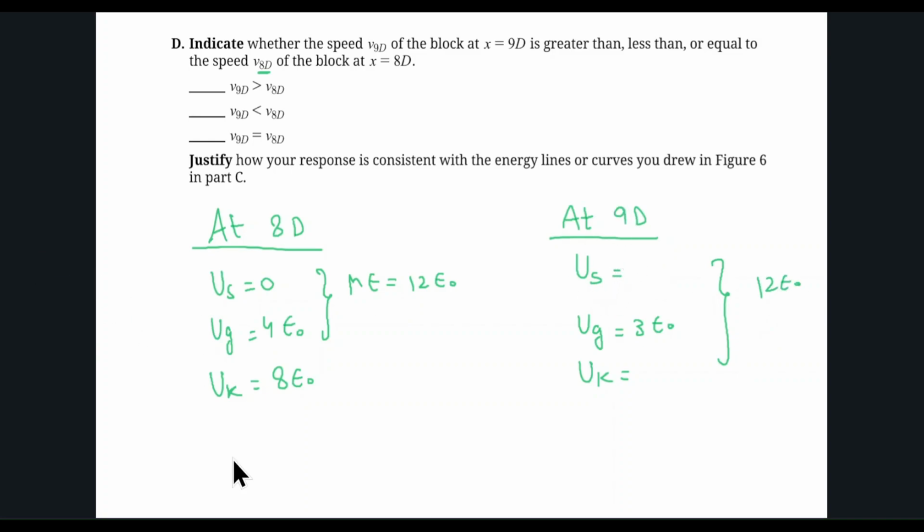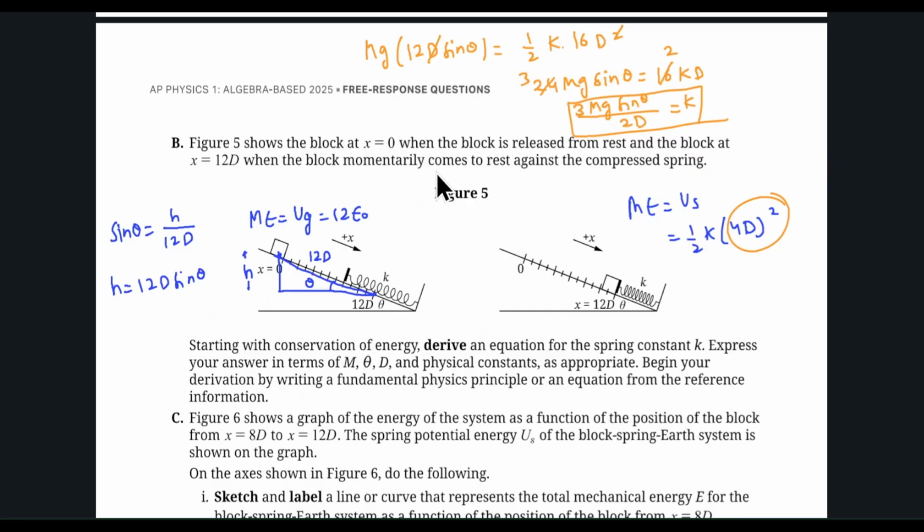I think yes, because the spring energy is again given by K over 2 X naught square, where X naught is the compression. So at 8D, it was at natural length, and now it is compressed by just D. So it is K over 2 D square. And what is K? From part B, we can figure out the value of K, because if we just equate this mechanical energy with this, I think we should be able to get the value of K. Let me just do it over here.